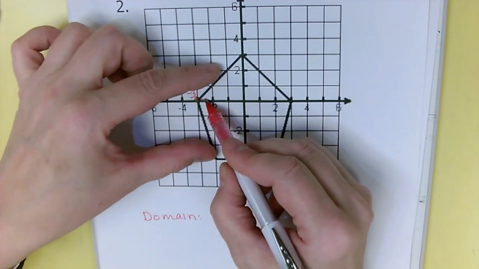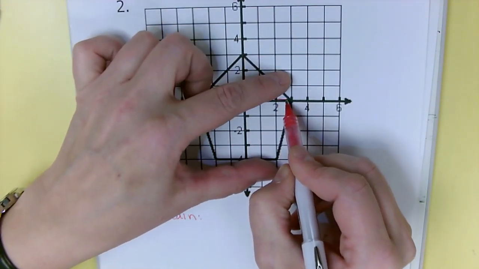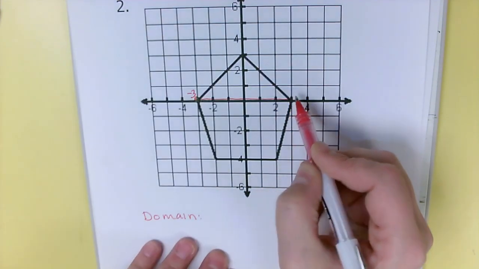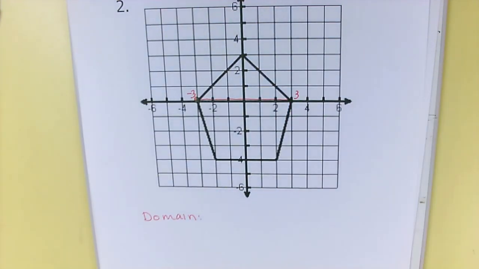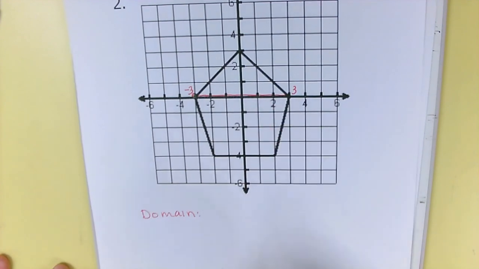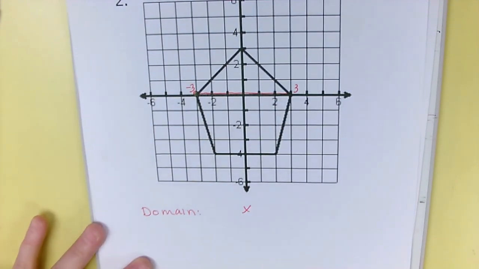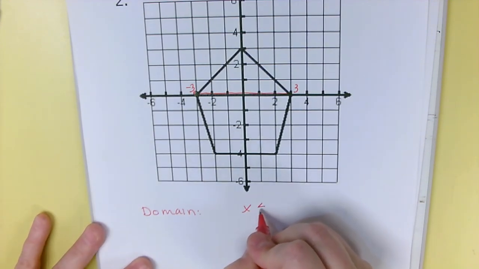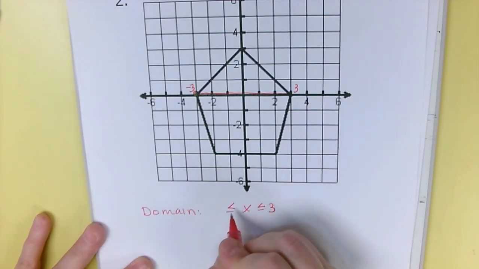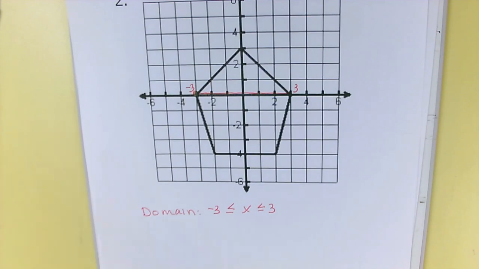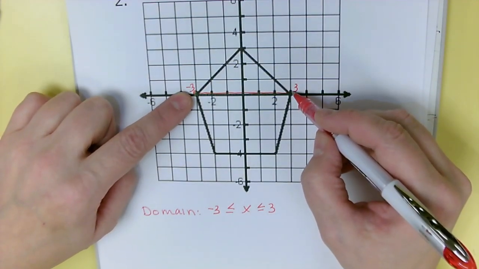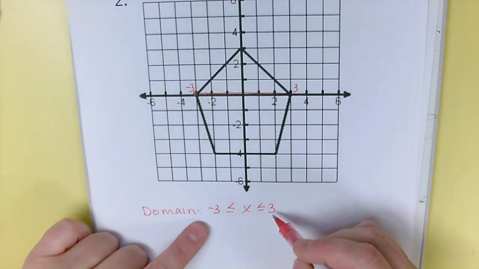And then I have x values top and bottom until I get to here, and then the x values stop at a +3. So your x's are between -3 and +3, which means your x goes in the middle, and you're going to have a less than or equal to 3 and a greater than or equal to -3. If your domain or range has 2 endpoints, there should be 2 values in the expression.